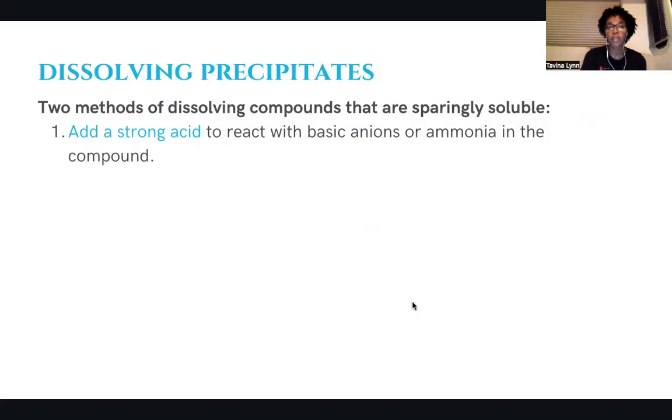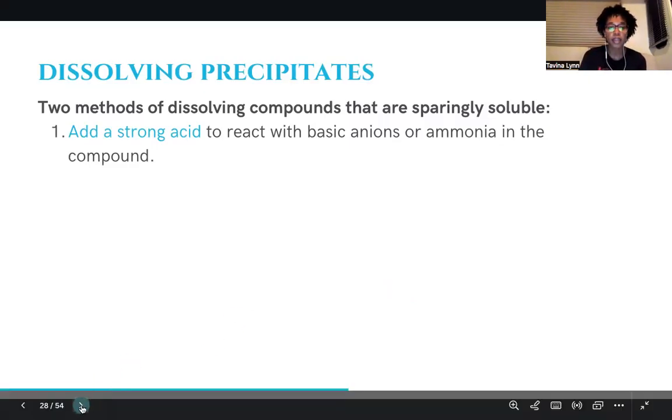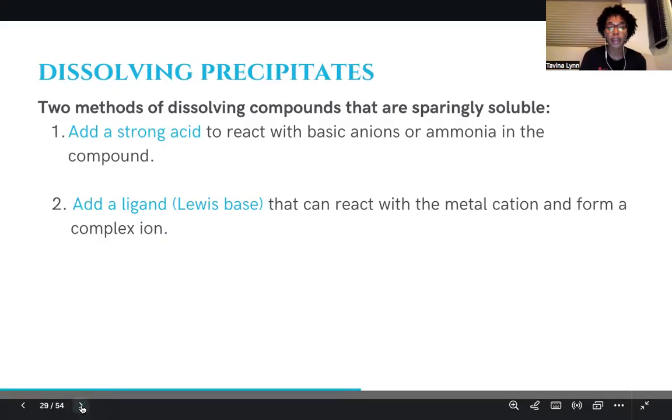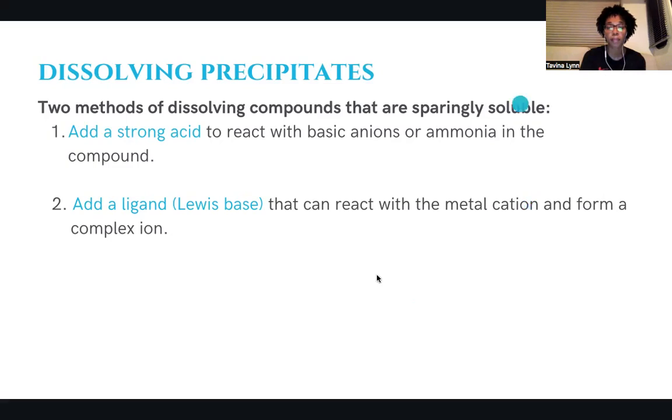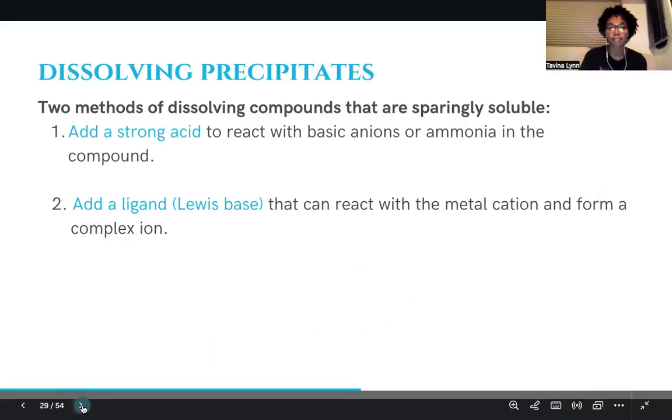One way is by adding a strong acid that will react with either the basic anions, like hydroxide ions, or ammonia in the compound. A second way is to add a Lewis base that will react with a metal cation that's formed from this dissolution reaction. So let's look at the examples more closely.